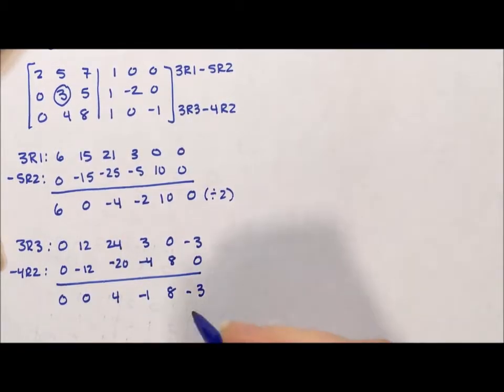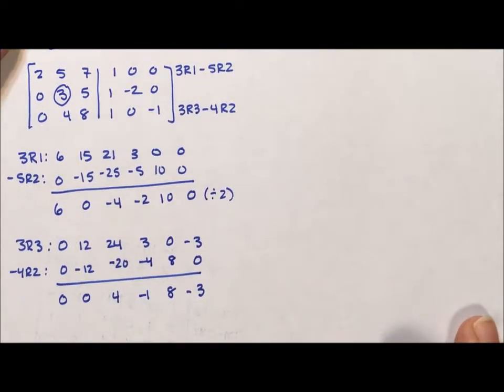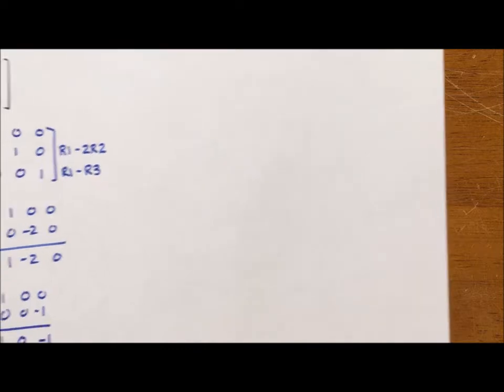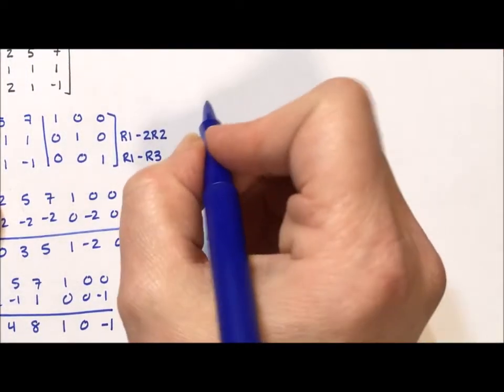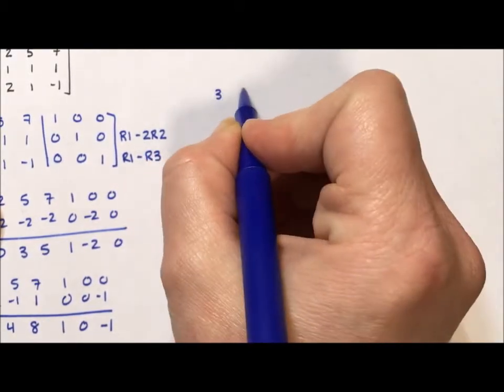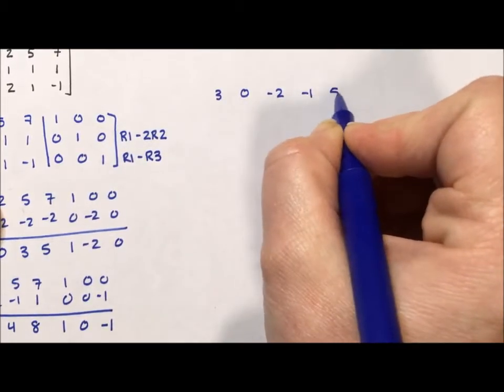All right, so now I'm going to take all of this and rewrite my matrix at the top. So I'm going to write this as row 1, this is row 3, and keep my row 2. So I'm going to scooch all the way up here where I have lots of paper space. My first row, after I divided through by 2, is 3, 0, negative 2, negative 1, 5, 0.